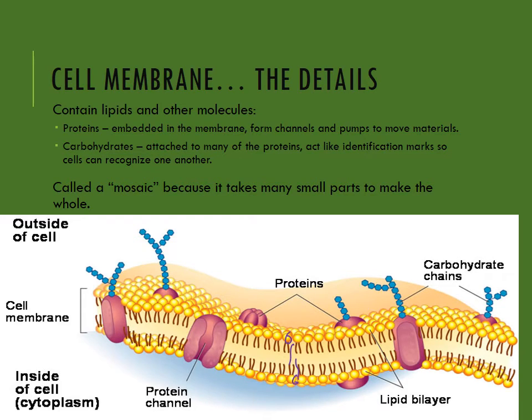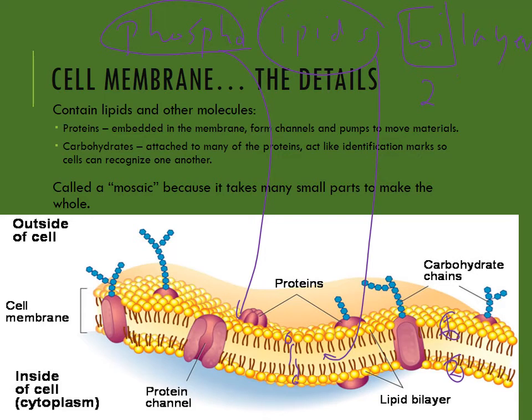The cell membrane is described as a phospholipid bilayer. The phosphate head is this part right here with the yellow. The lipid tail is this part underneath it. It's a bilayer because it's two layers, layer 1 and layer 2.